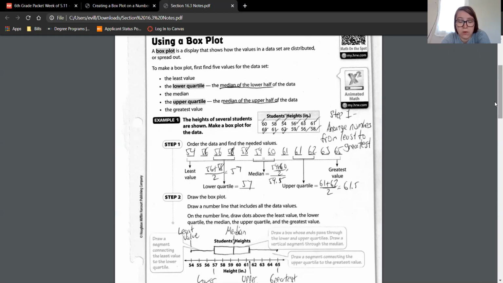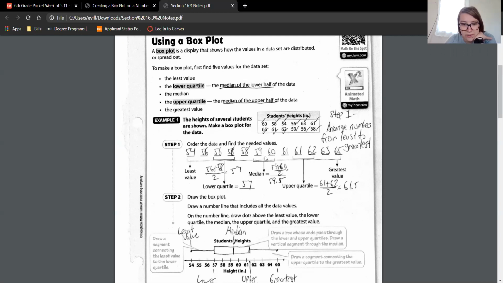So remember, it wants you to find the lower quartile, the median, and the upper quartile. The lower quartile is the median of the lower half of the data. So if we look at the smaller half, which it breaks into, if you look here, it's got these little dots.